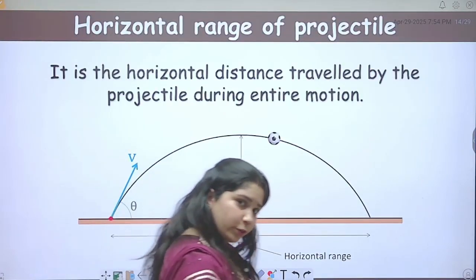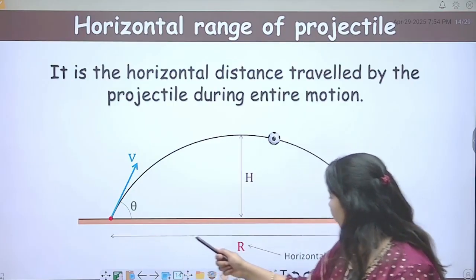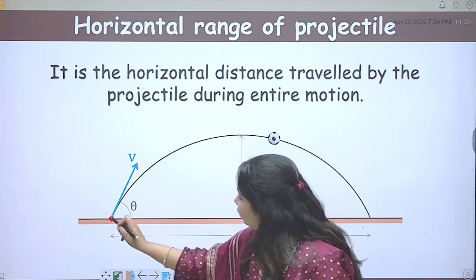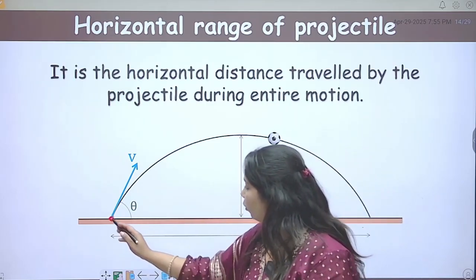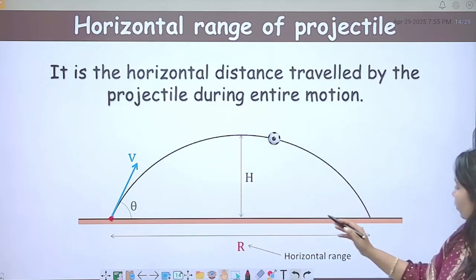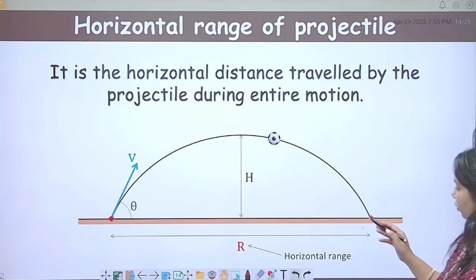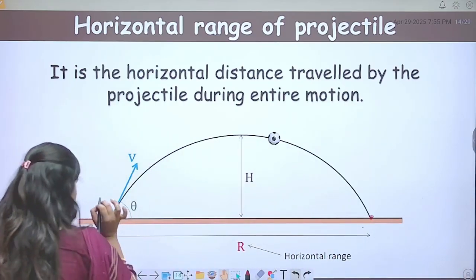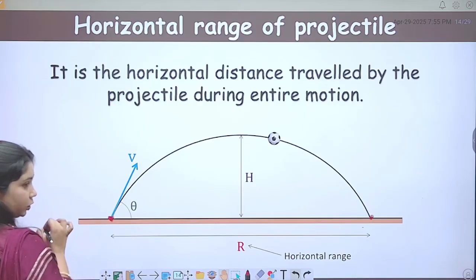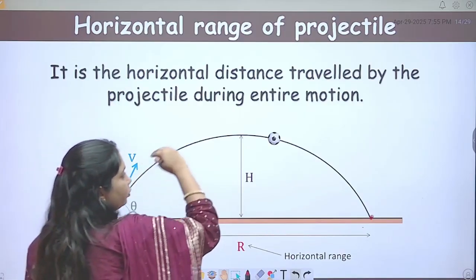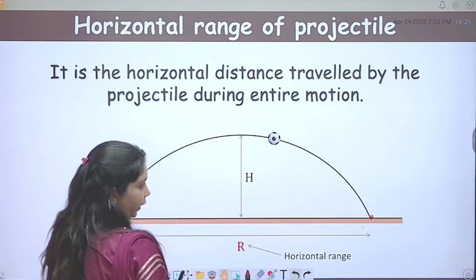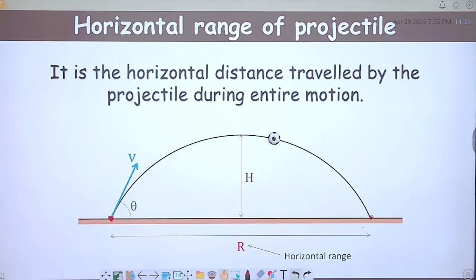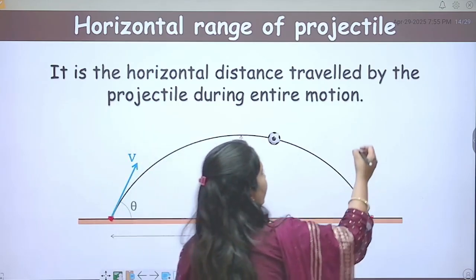Horizontal range of projectile. Clearly you can see, the distance from the point of projection to the total distance travelled by that object is called range. The distance from the point of projection that the object travelled for the total time of flight and reaches to this point is called range. Now, the formula for range.